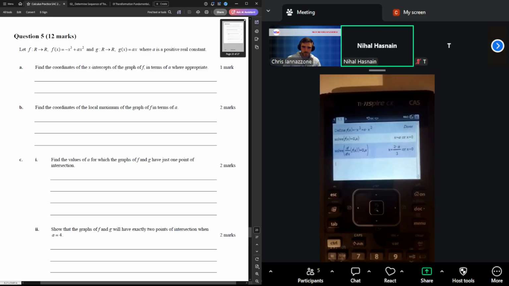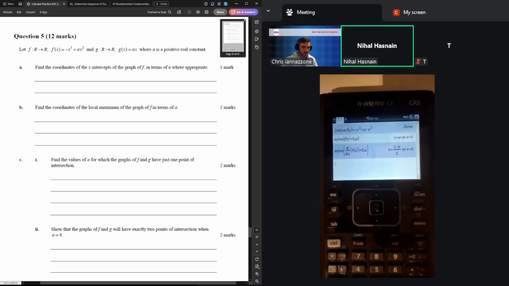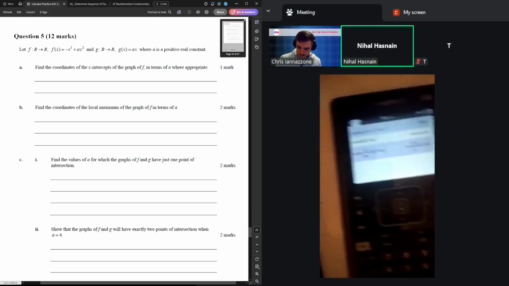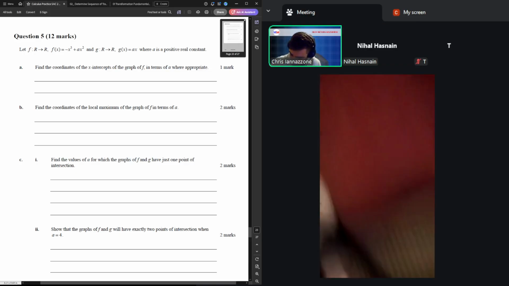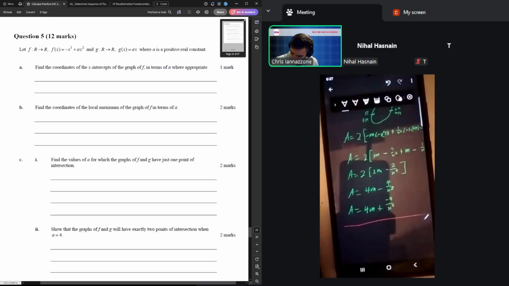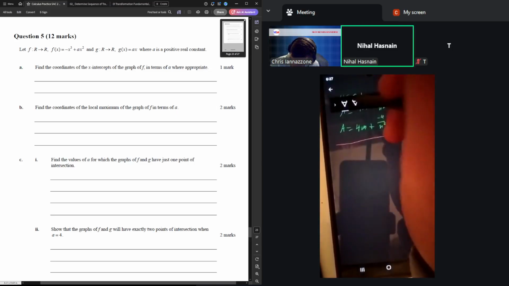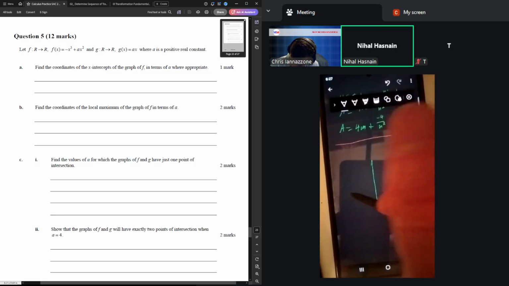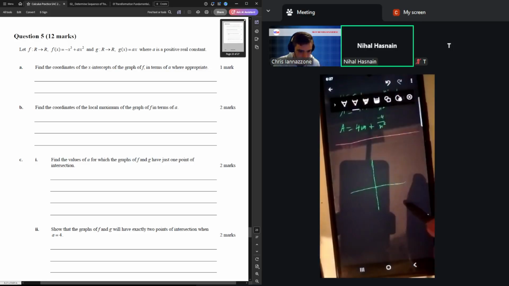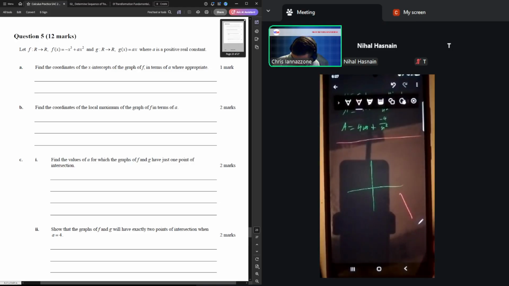We look at the behavior of the graph. So this one's going to be, as x goes to infinity, y goes to negative infinity. Yeah. So the behaviors flip, and the first turning point will be a minimum. The second one will be maximum. As in from left to right, it'd be something like this.